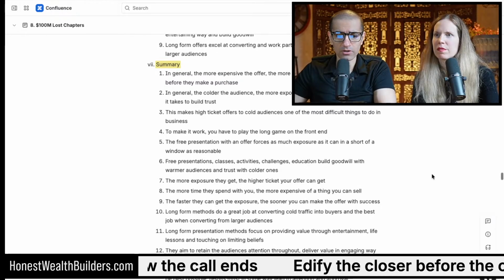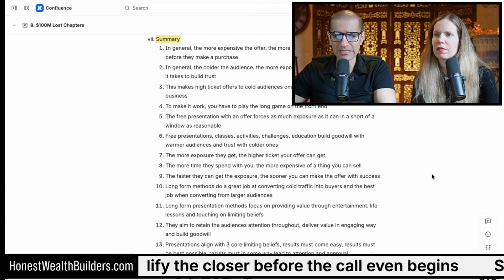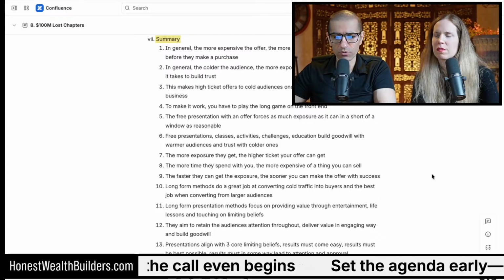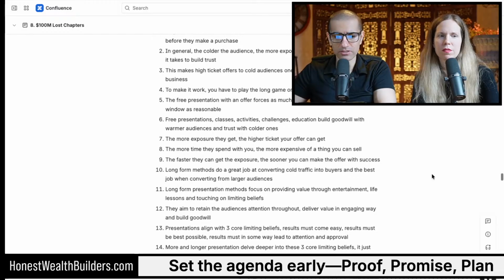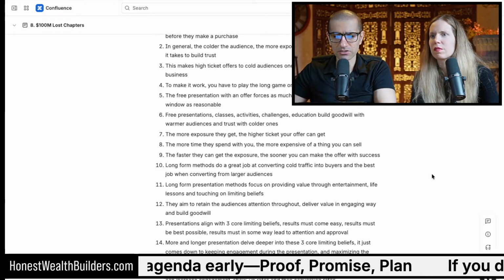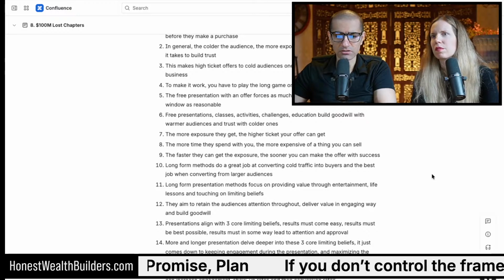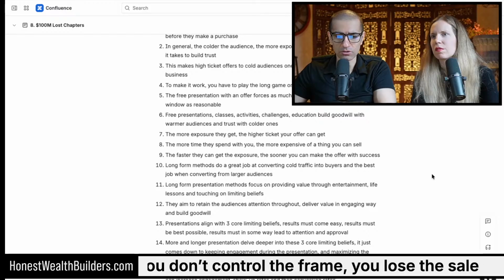To make it work, you have to play the long game on the front end. The free presentation with an offer forces as much exposure as it can in as short a window as reasonable. Free presentations, classes, activities, challenges, and education build goodwill with warmer audiences and trust with colder.